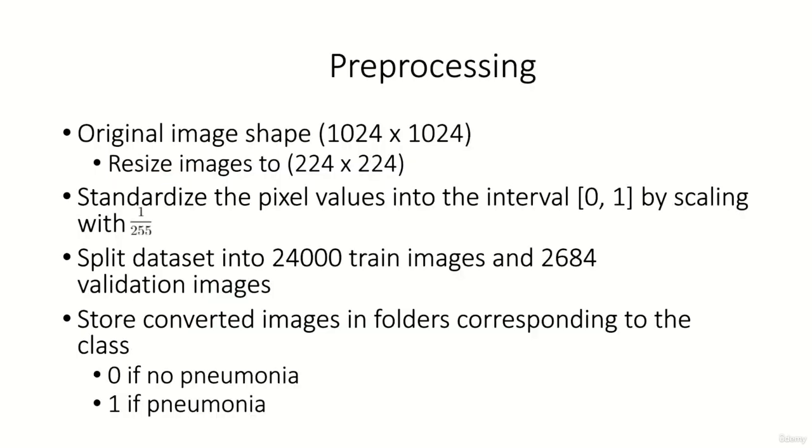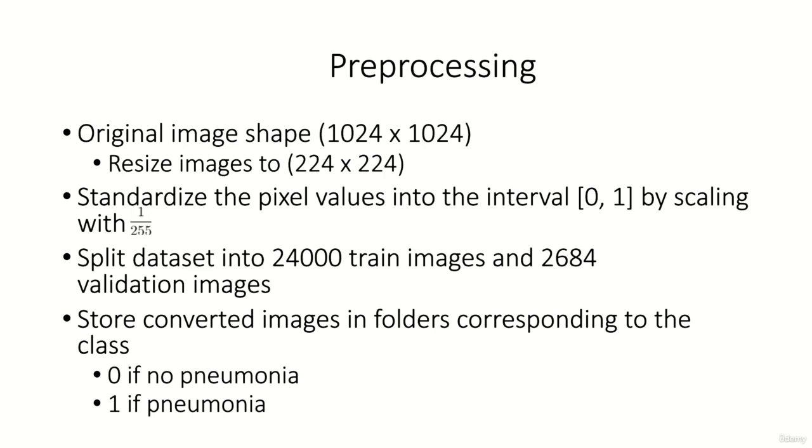At first, we need to define our data pre-processing routine. The original X-ray images of the pneumonia detection dataset have a shape of 1024 by 1024. This is way too large for current machine learning algorithms, thus we resize all images to 224 squared.